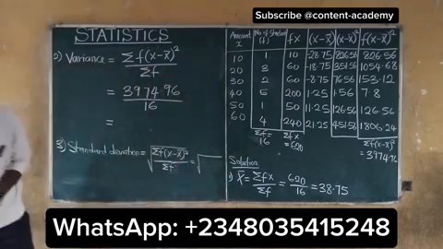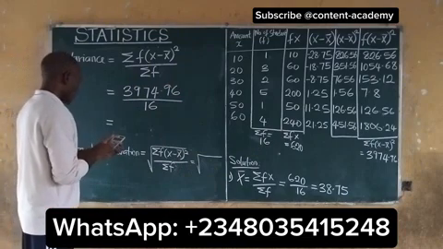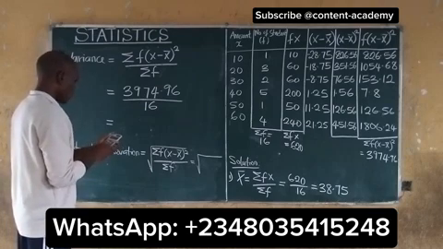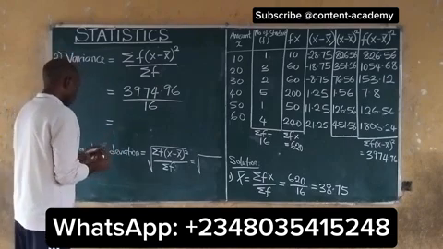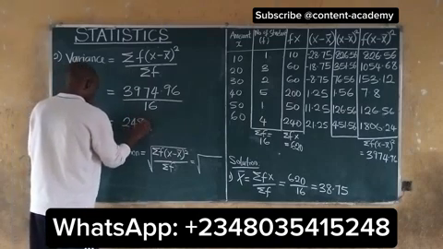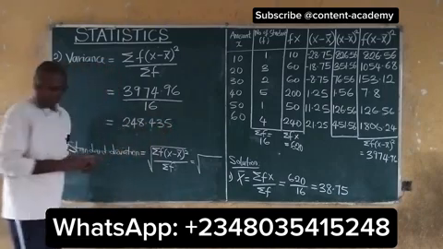So we find it with our calculator: 3974.96 divided by 16 is 248.435.